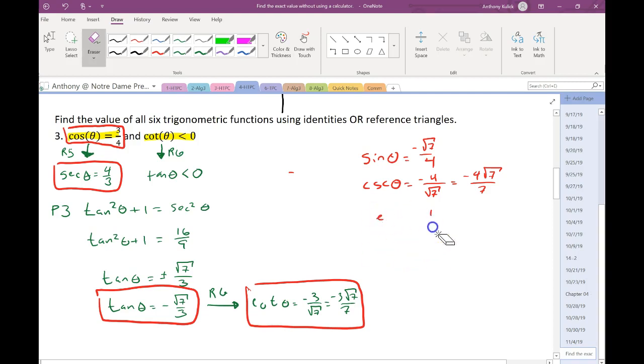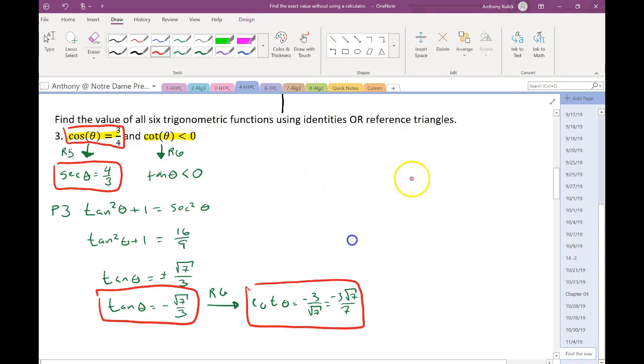So that's 4 of them. The last 2 I need to get are values for sine and cosecant, right?